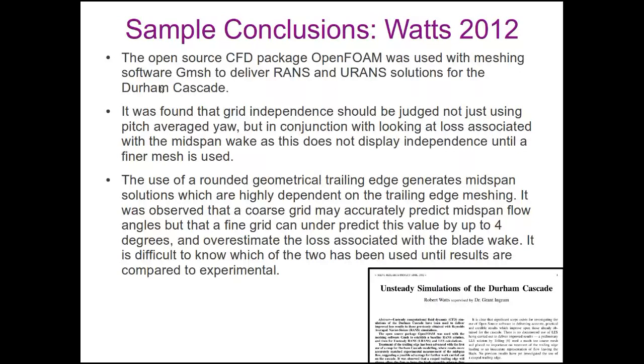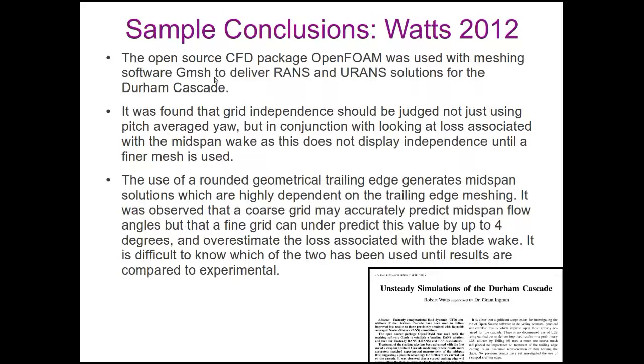And they've talked about grid independence, and they said you can't really judge it just using a pitched average value, but you need to look at something else as well. That's a thing that he thinks is worth sharing with other people. And then he talks about how a rounded geometrical trailing edge generates solutions which are highly dependent on the details of the trailing edge meshing, and also quite nicely here there's some actual numerical quantification of what can happen if you don't do that right.